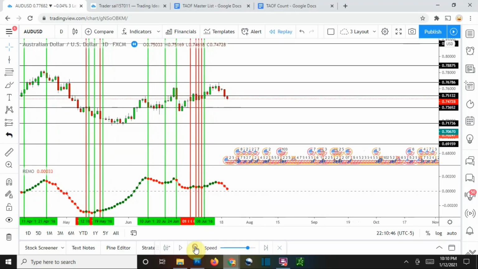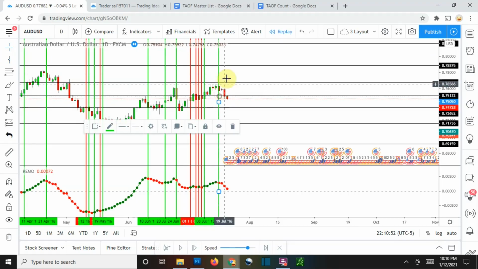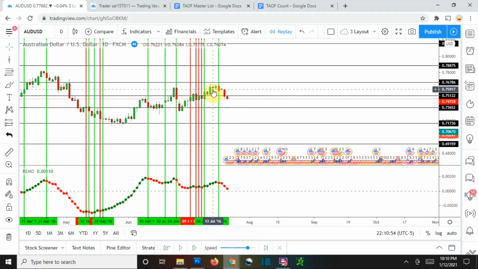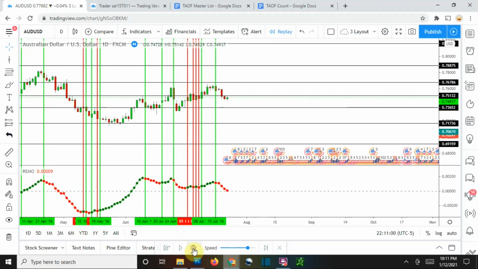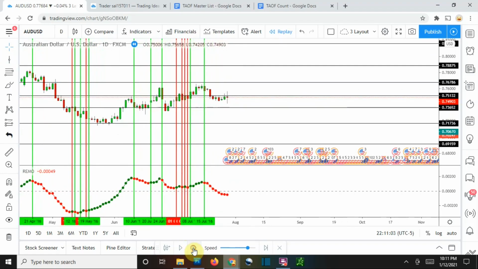And moving on here, that one got us to take profit. Yeah, I mean, it really is calling the tops and bottoms of some of these trades rather decently.